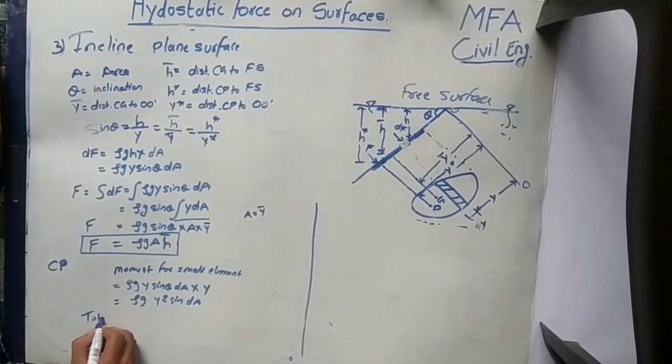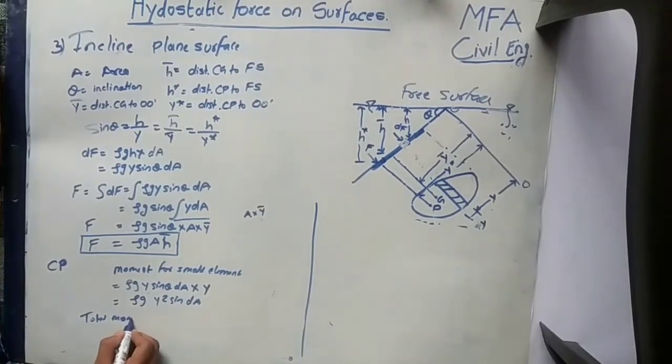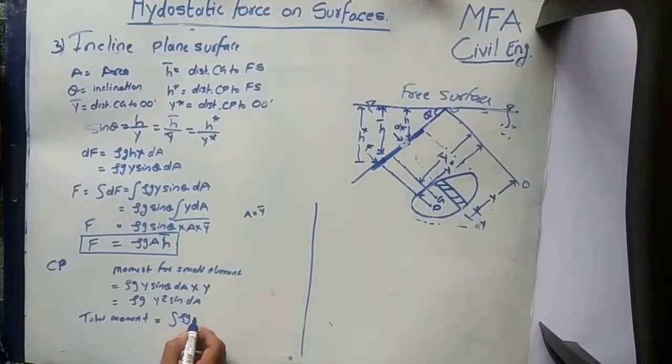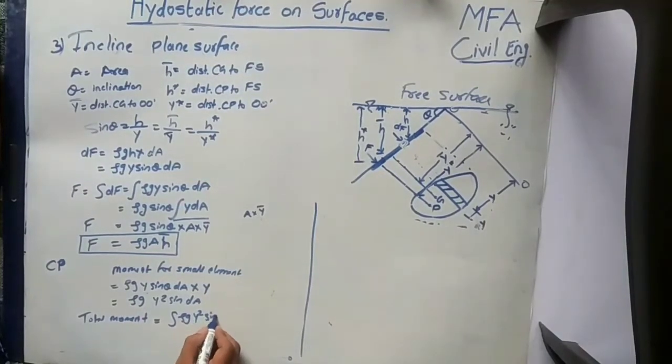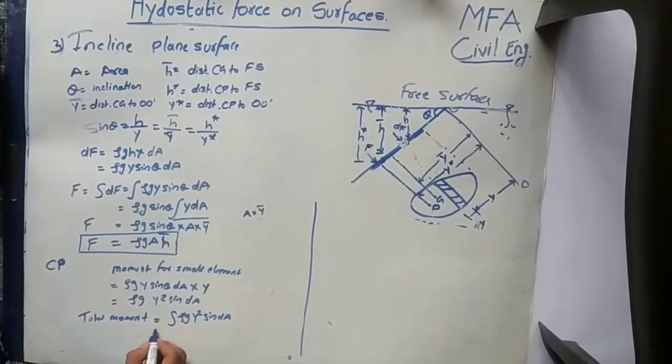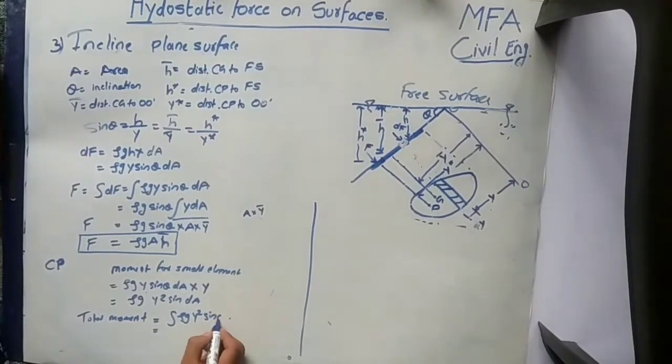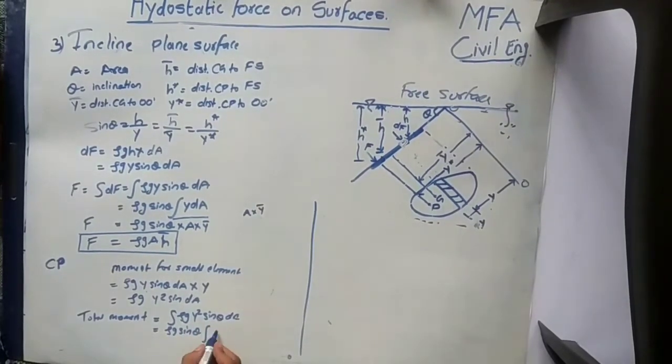Then the total moment is equal to the integration of rho g y square sin theta dA. Rho g sin theta is a constant, taken out of the integration, then the value becomes y square into dA.